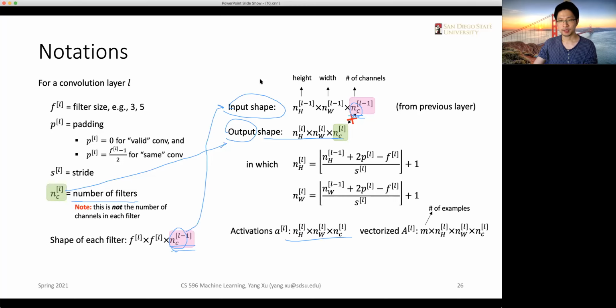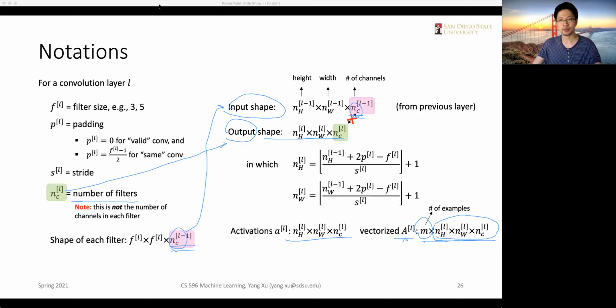And we can of course vectorize everything. When we have, say, M images as input at the same time, then the activation would be an M by that many dimensions, a capital A^[L], which we can call a tensor, a high dimensional volume in this case.